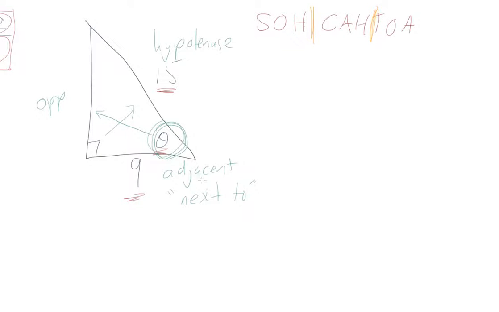Note the adjacent here is not the hypotenuse, which is already labeled. So I've got an adjacent and a hypotenuse, so I'm looking for adjacent and hypotenuse in my ratio. Sine is opposite and hypotenuse. I don't have the opposite here, so I'm not going to use that. Also tan, opposite, I don't have that.